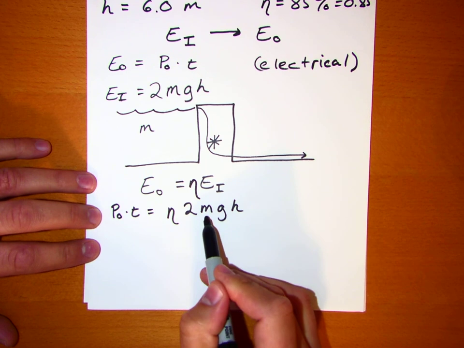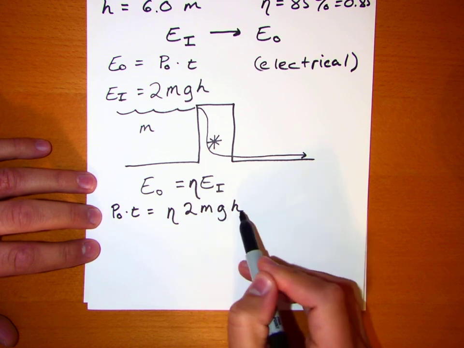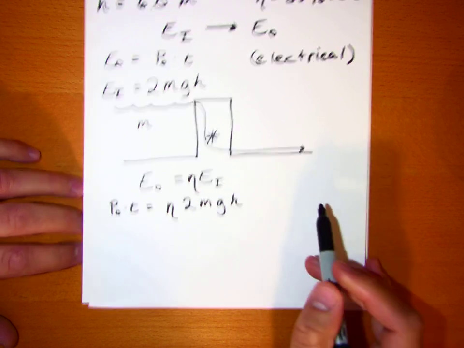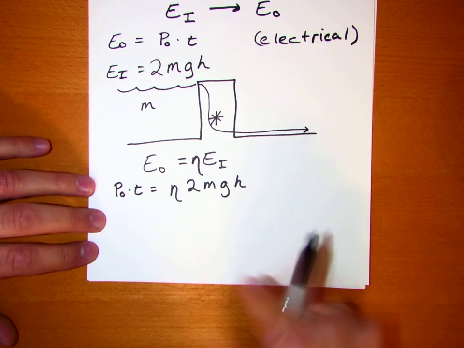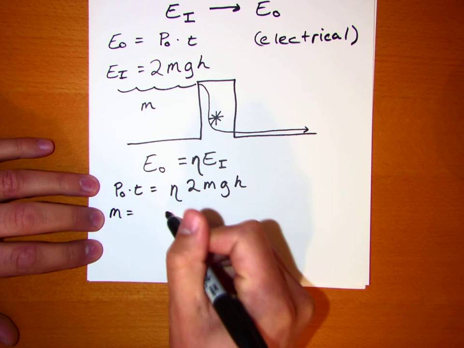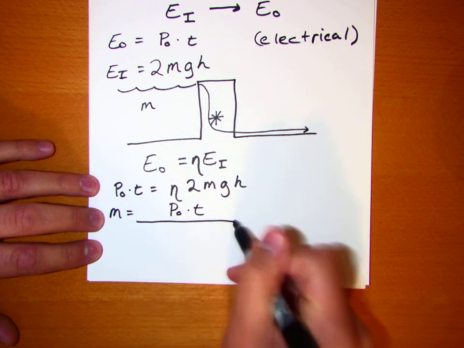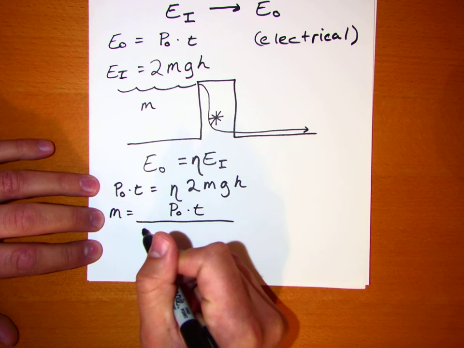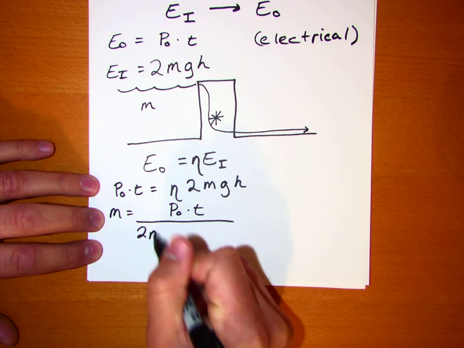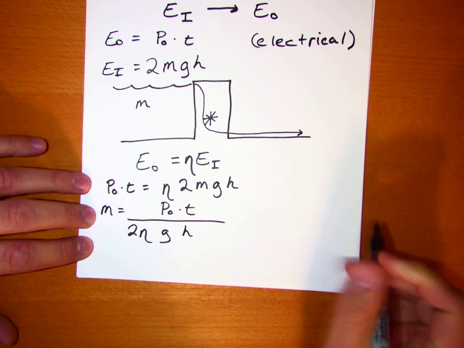We don't know m, but that's what we're trying to find. We know gravity, and we know the height. So at this point, let's just solve for mass. The mass is going to be equal to the output power times T divided by 2 times eta times g times h.